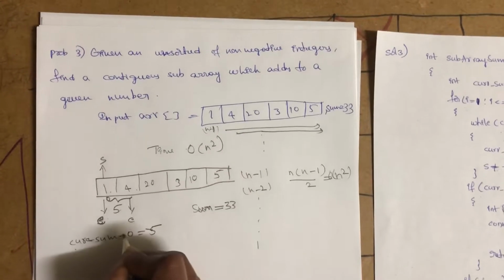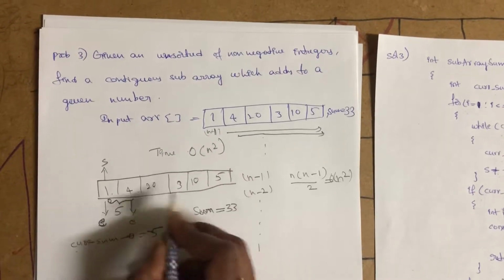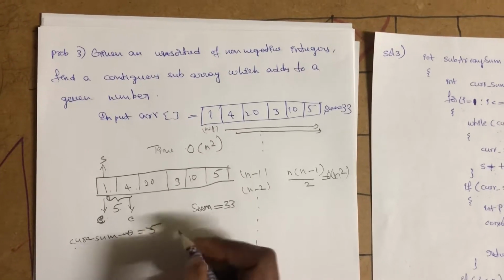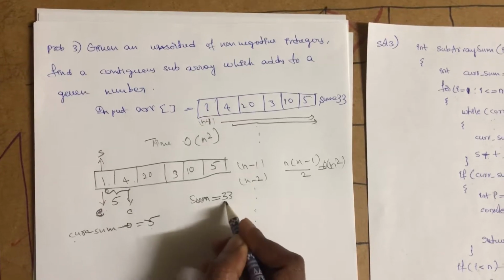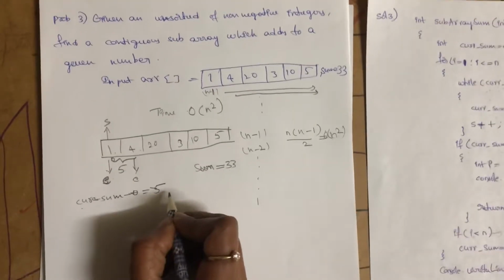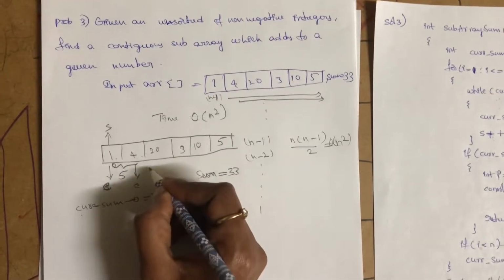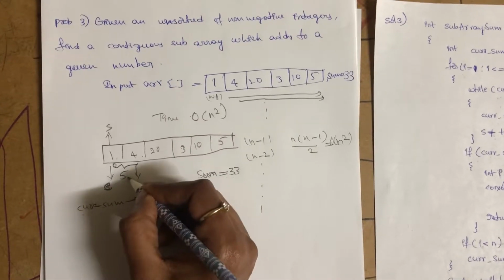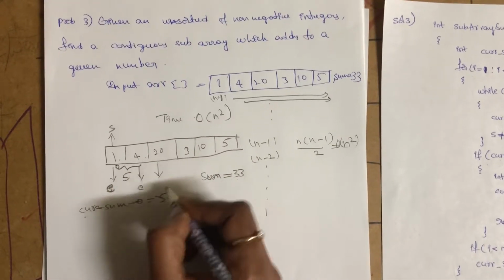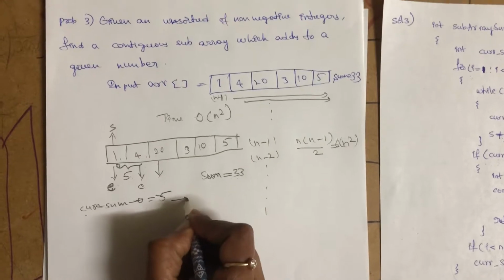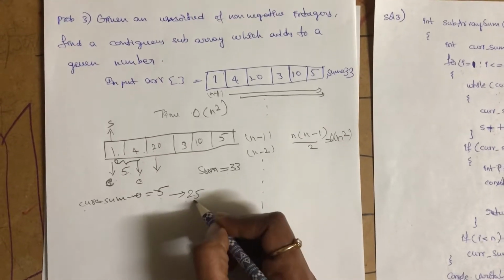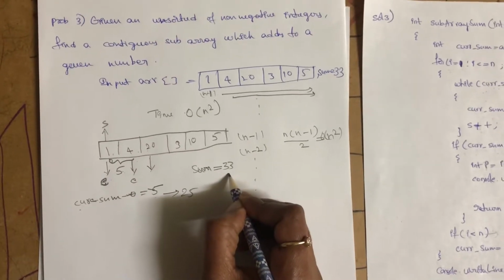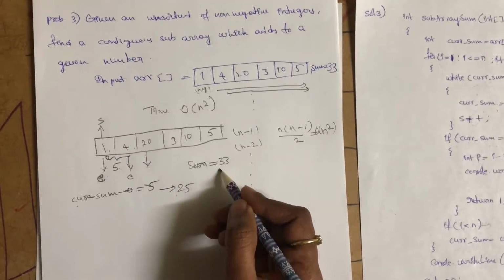Now I check again whether the current sum is equal to or greater than the sum. No, both conditions fail, so I add the next element, 20, and it becomes 25. I check again whether the current sum is equal to or greater than the given number.